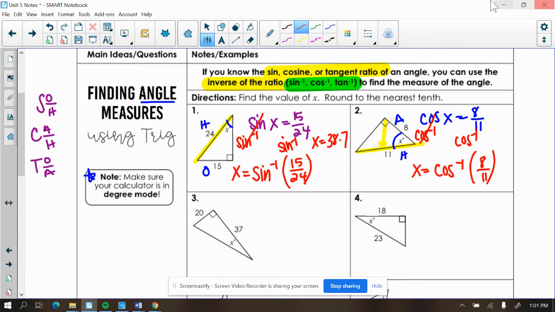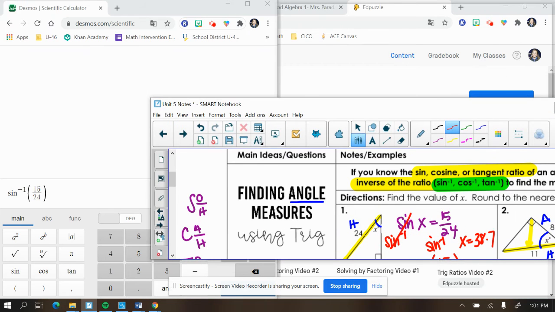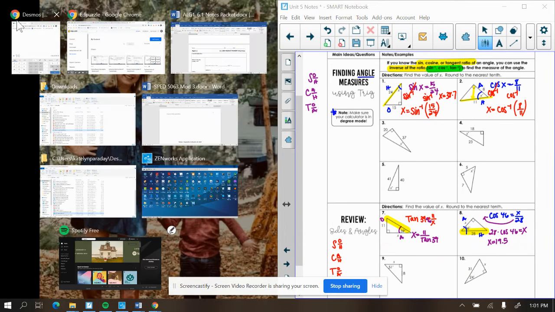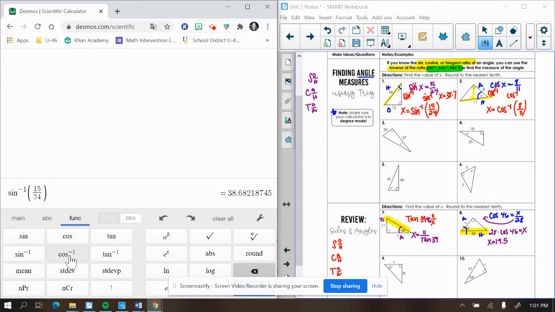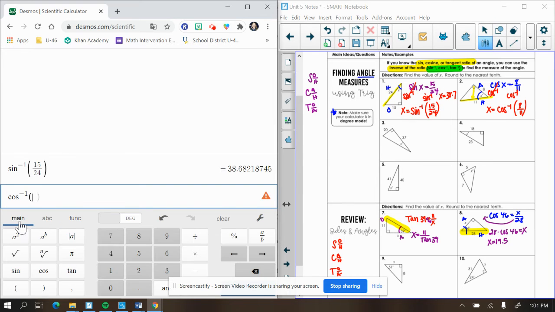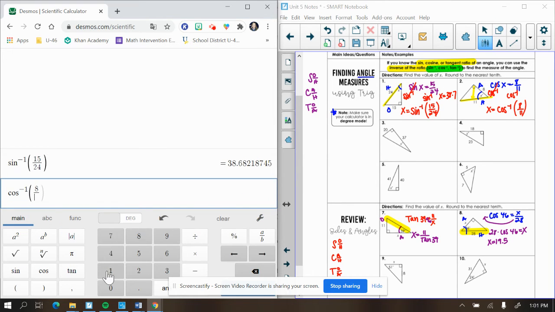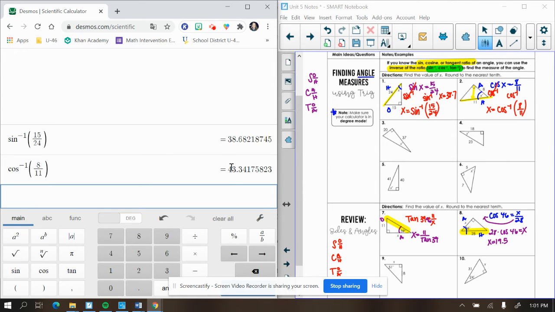And again, we're just plugging these in our calculator. That's really all we are doing. We're taking cosine^-1. So remember, we need to go to our function tab, cosine^-1, go back to the main, 8 divided by 11. All right, and it tells us, just press enter, 43.3.